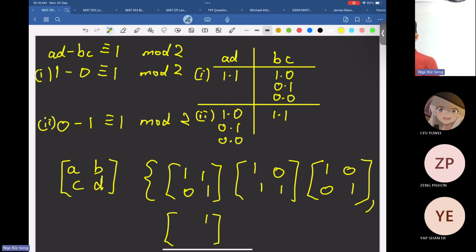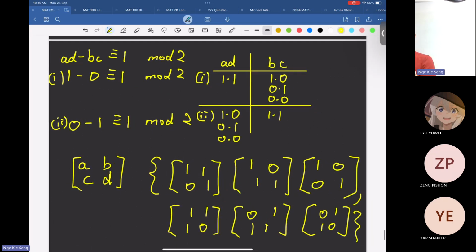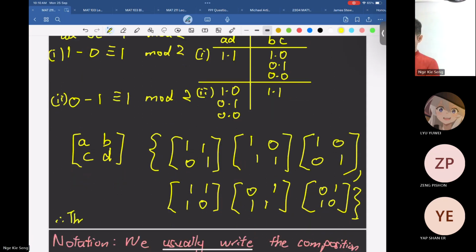We'll get 1, 1 on BC, and AD will get 1, 0, 0, 1, and 0, 0. Are these all different matrices? Different, right? So these are all.